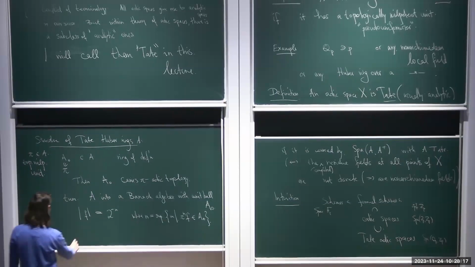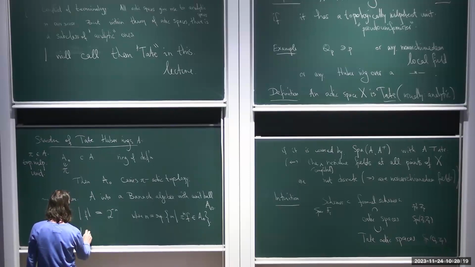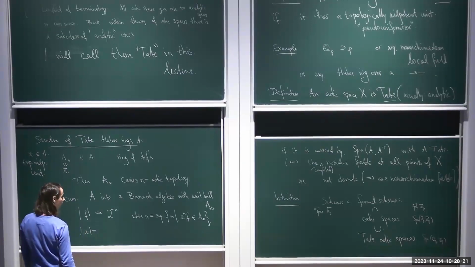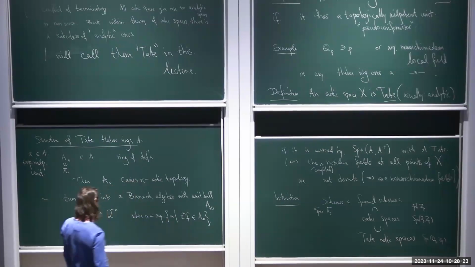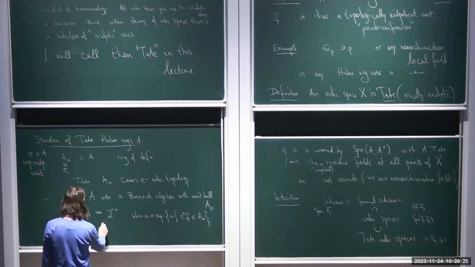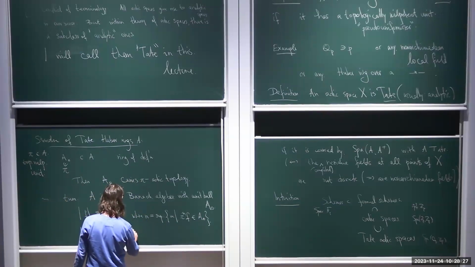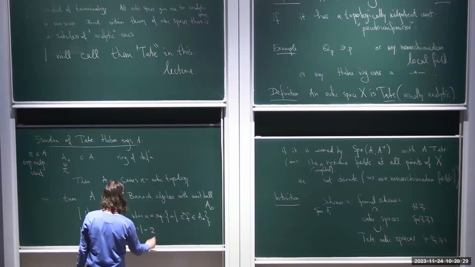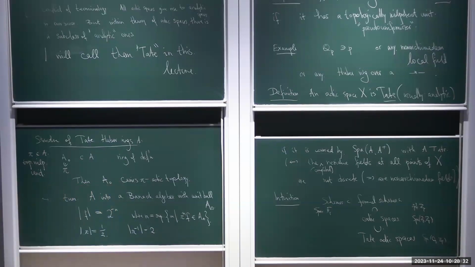And so in particular, this means that the norm of pi should be a half, and the norm of pi inverse should be 2. And of course, there's some kind of arbitrary choice that I made here, both of the uniformizer pi and of the number a half.